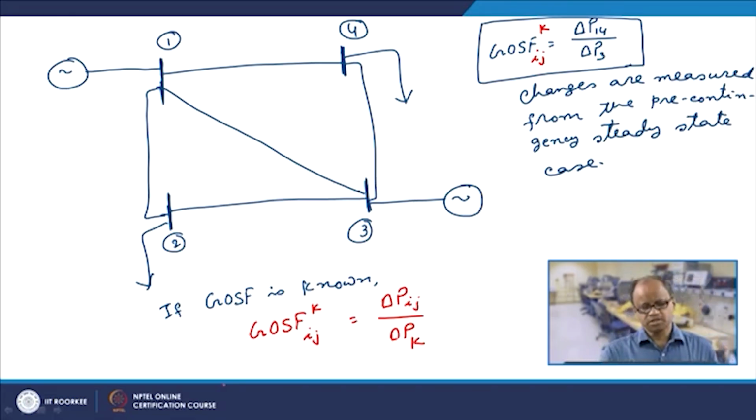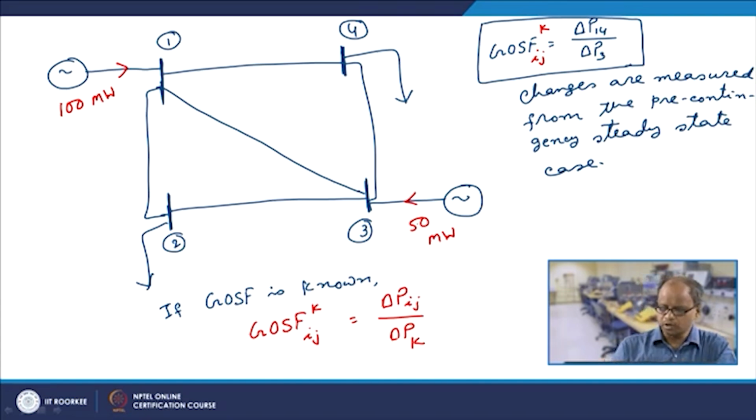Now, let us take an example. Suppose this particular generator has been generating 100 megawatt, and this particular generator has been generating 50 megawatt in the steady state. Now if this particular generator goes out, what will happen?